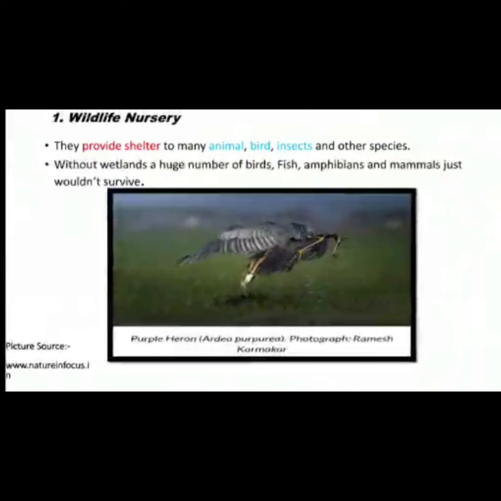For example, there are insects which are eaten by frogs, and frogs will be eaten by snakes, and snakes will eventually be eaten by birds. Also, there are some migrant birds and aquatic species such as catfish.